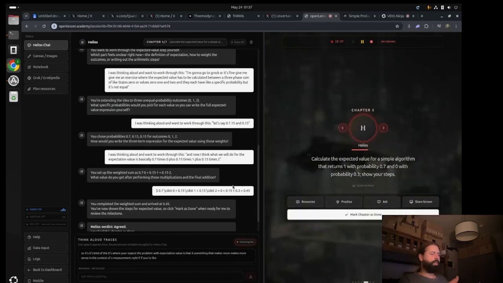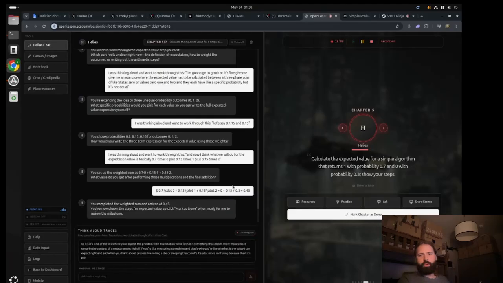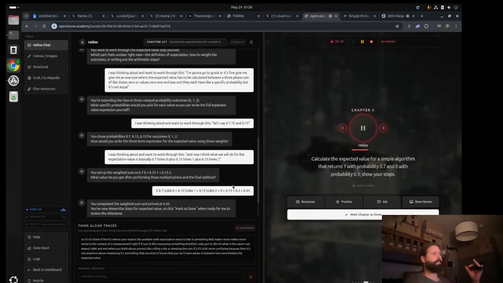If you're measuring something, you ask what is the value I can expect. When you think about processes like rolling a die or flipping a coin, it's a bit more confusing, because then it's not about measuring anymore. You know you can't have values in between, but nevertheless the expected value has a number that is in between, right?